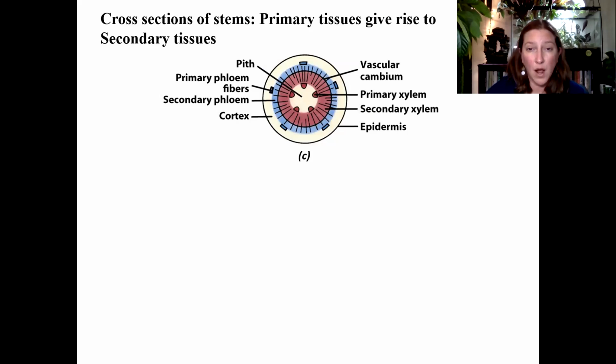Eventually, some of those primary tissues will give rise to secondary or lateral meristems. Here, we're starting to see one of those, right? Vascular cambium shows up. Vascular cambium makes secondary xylem and secondary phloem. So we're starting to see those secondary structures.